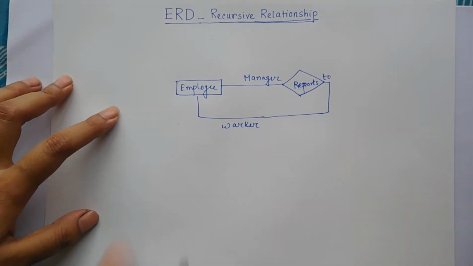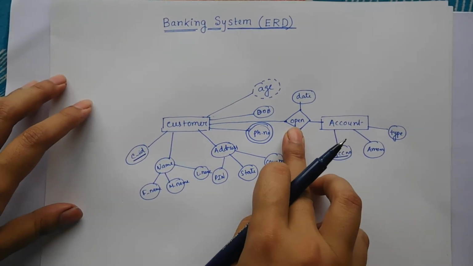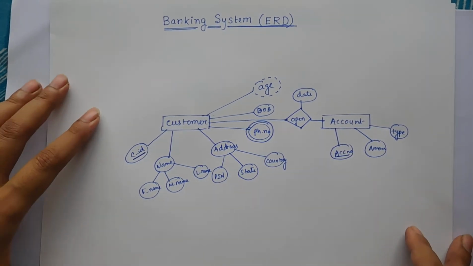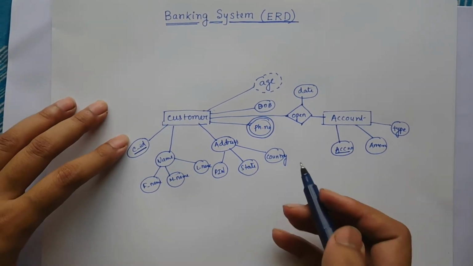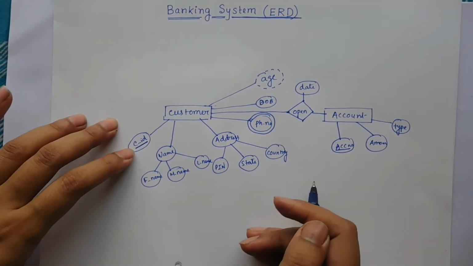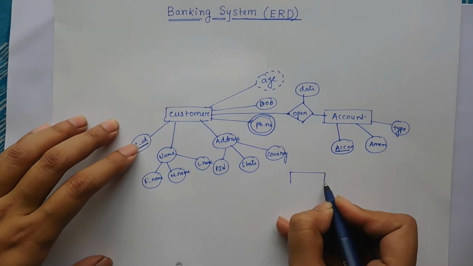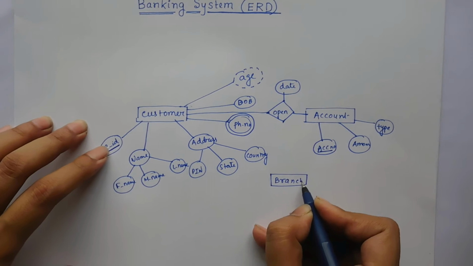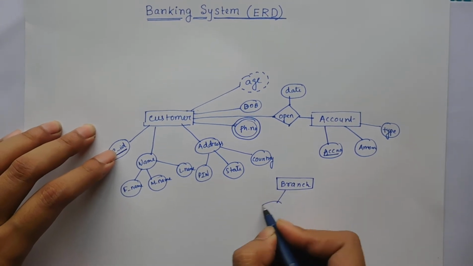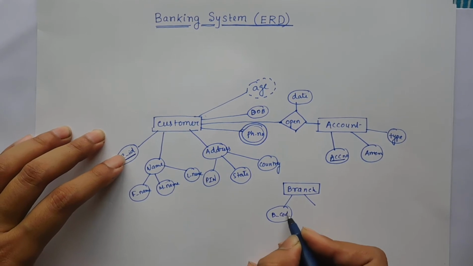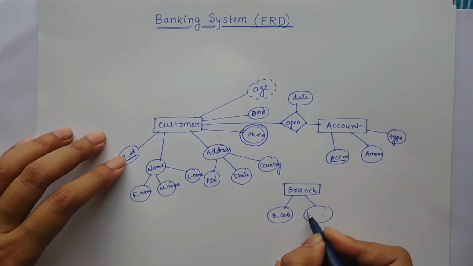So we know there are two types of relation. One is binary relation, then the recursive relation. Now consider a new entity in this banking system. So the entity is branch. It has attributes like branch code and address.